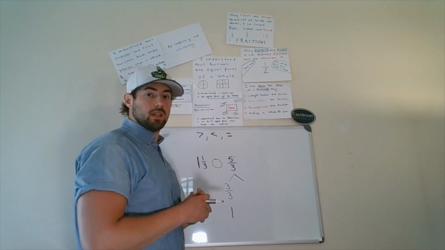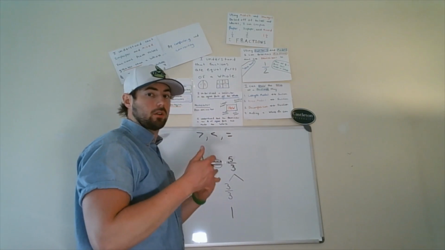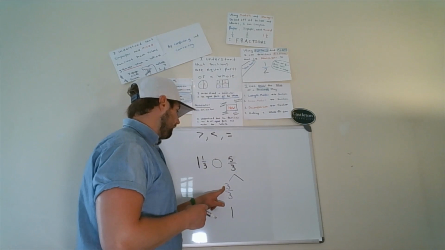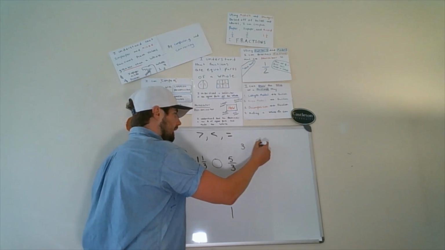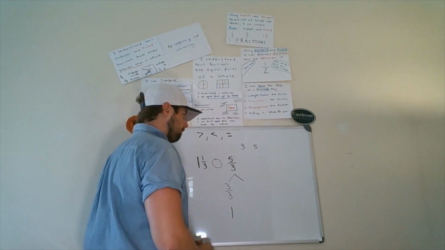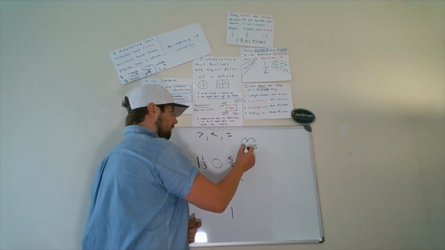The next step is we need to figure out what parts are in addition to or greater than that whole. I know I have 3/3 to make the whole, but I need to have 5/3. I have 3 parts. I need to make 5 parts. So, how do I get from 3 to 5?